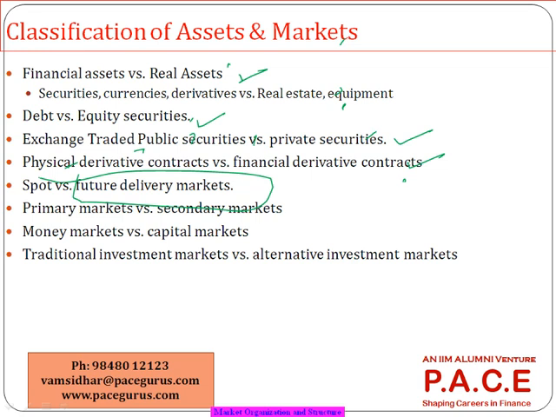Then traditional investment markets versus alternative investments. Traditional investments are generally stocks and bonds, which are typically covered by CFA. Whereas alternative investment markets are just touched upon by CFA, but not in heavy depth, whether it is real estate or commodities or hedge funds or mutual funds, right?